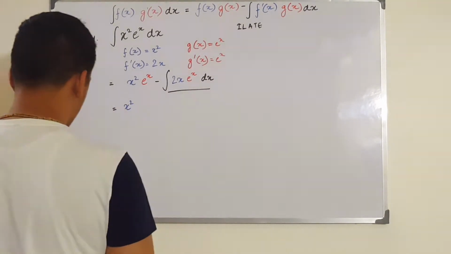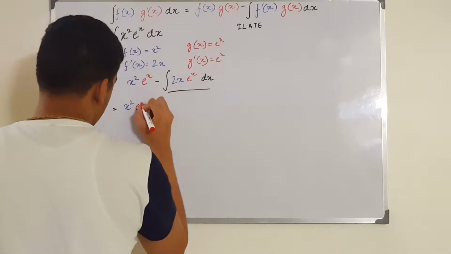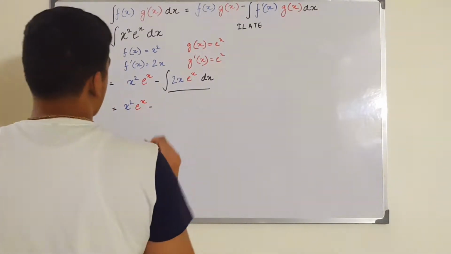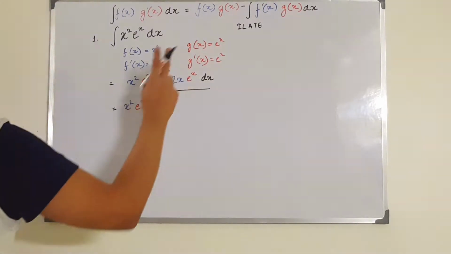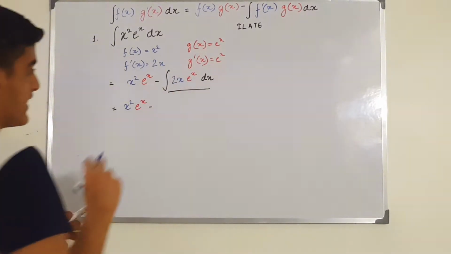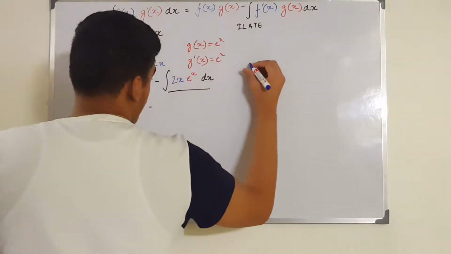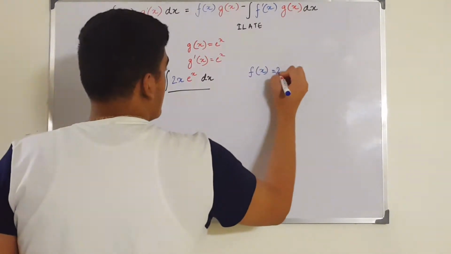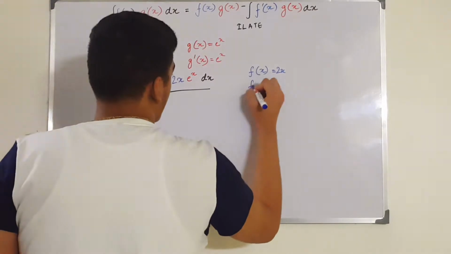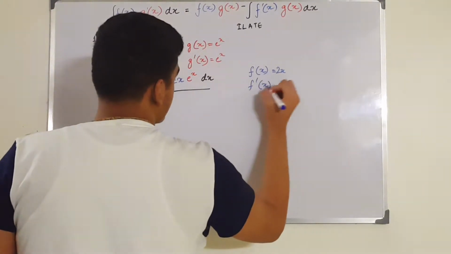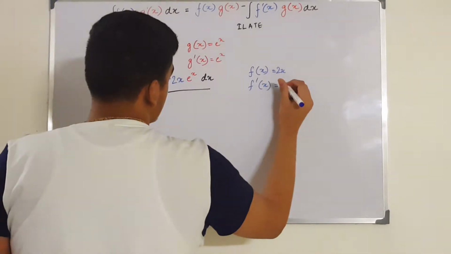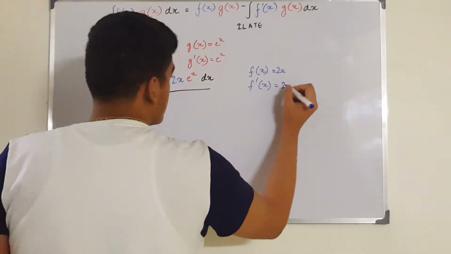x squared multiplied with e to the power x minus, so in this case 2x becomes f of x, and hence f prime x is equal to 2.